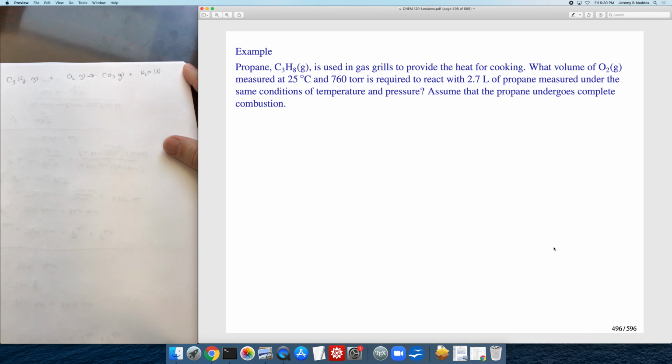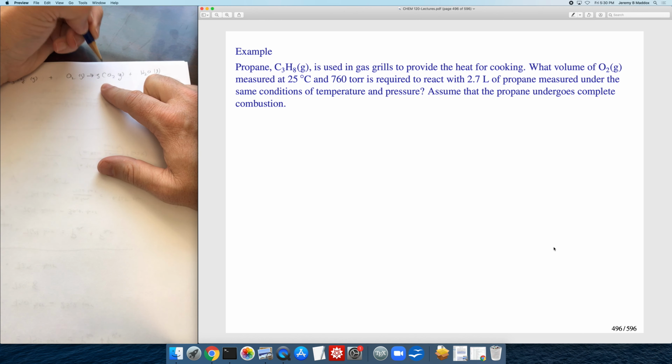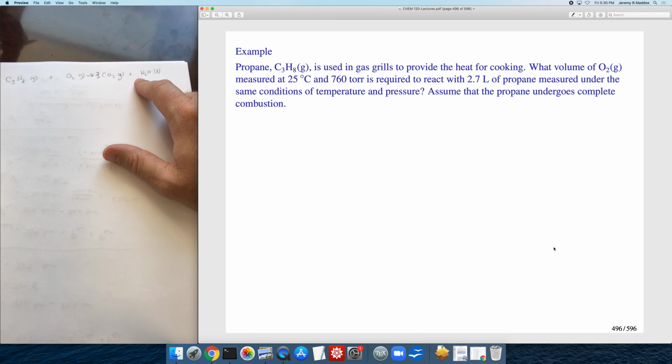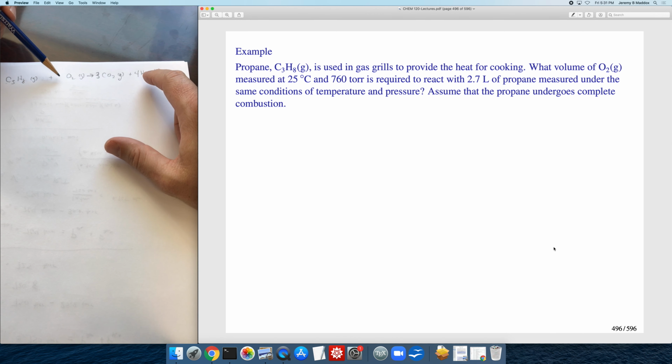So we need to balance this. Notice all of the carbon goes into the CO2. So if you've got 3 carbons here, you're going to need 3 CO2s. All of the hydrogens wind up in the water. So if you've got 8 here, you're going to need 4 there. And now to balance the oxygens, you put something in this coefficient.